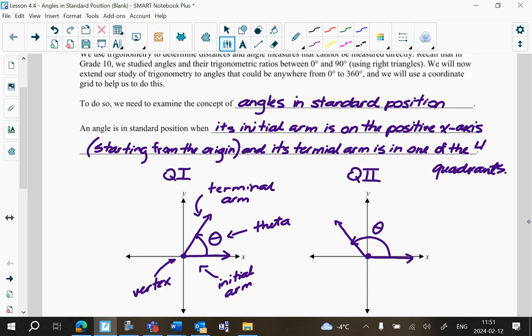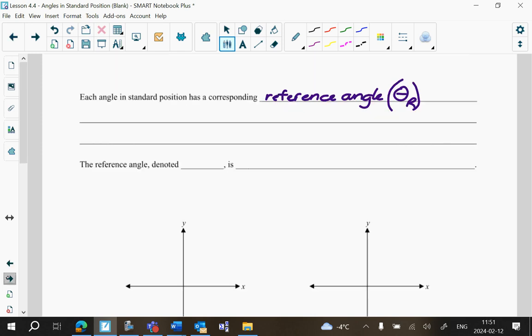So when we draw angles using a coordinate grid, we actually create other angles, and we can use these angles to help us do trig. One of these angles is called a reference angle.